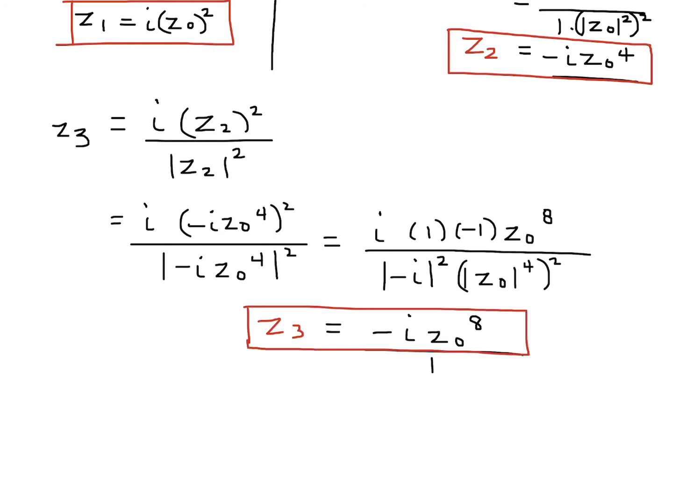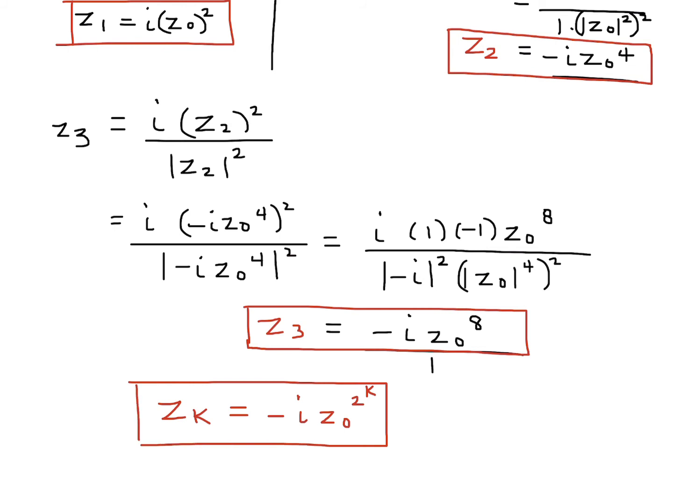So you can keep doing values of n, and you will find in general that this equation becomes z_k is negative i z0 to the power of 2 to the k. That is our formula. And you can get that by doing more powers of k to convince yourself, z4, z5, and so on.